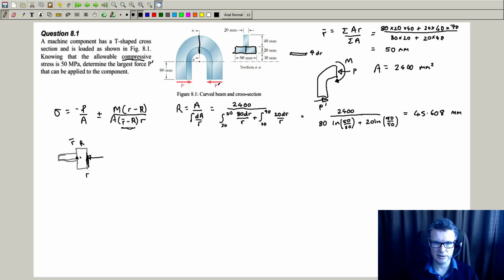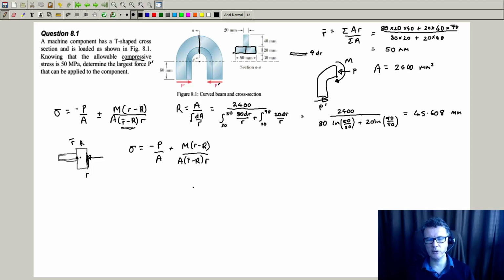So if I've got this all correct, that should therefore be a positive, because this term here should be negative.